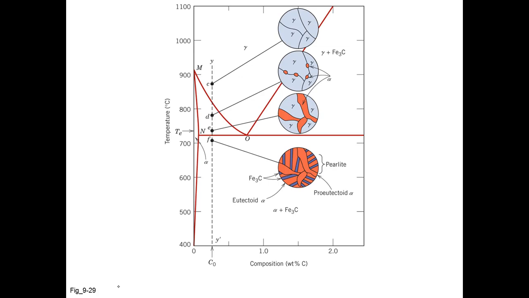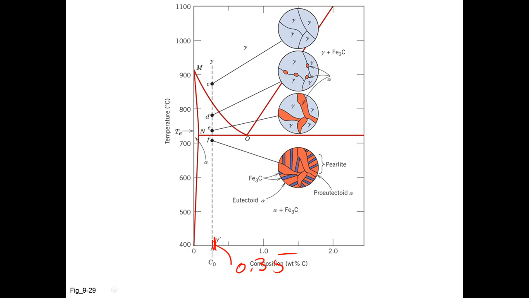Here's the relevant diagram, figure 9.29, showing the decomposition of austenite from point C to point F. We're working with a carbon concentration in this example of 0.35.